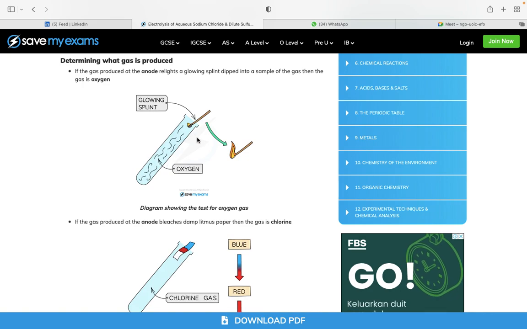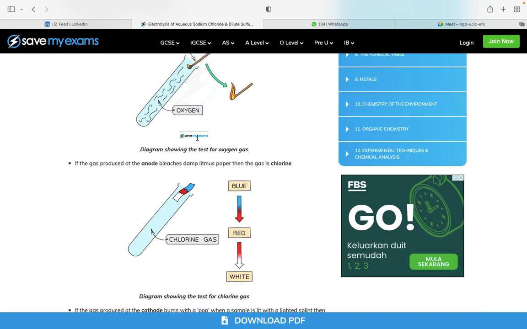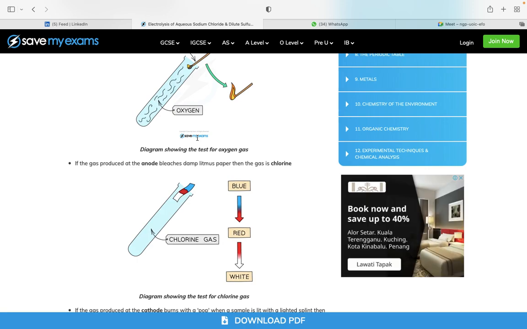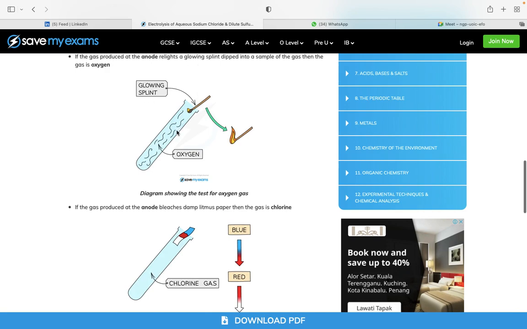So we do another test for it. In this case, we want to test whether it's chlorine. For chlorine, we always bring a litmus paper, a blue litmus paper. You bring a blue litmus paper instead of a matchstick because you've tested and maybe the matchstick went off, like twice, so you already concluded this gas is obviously not oxygen.